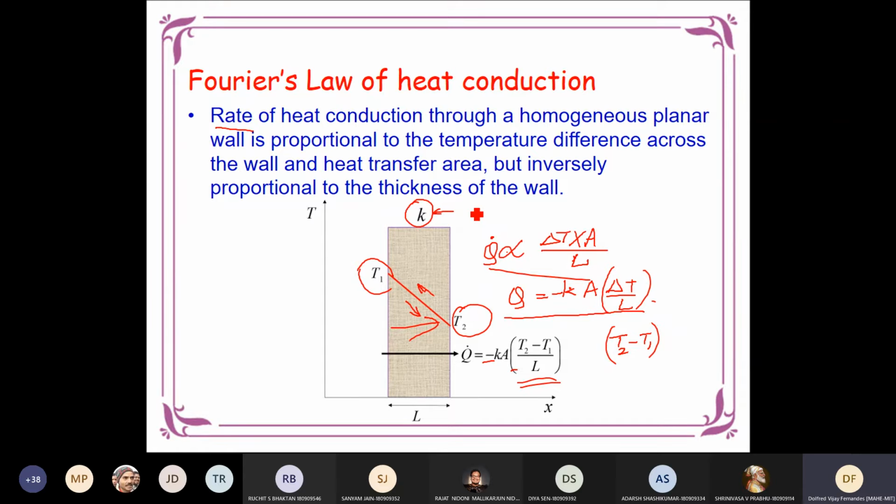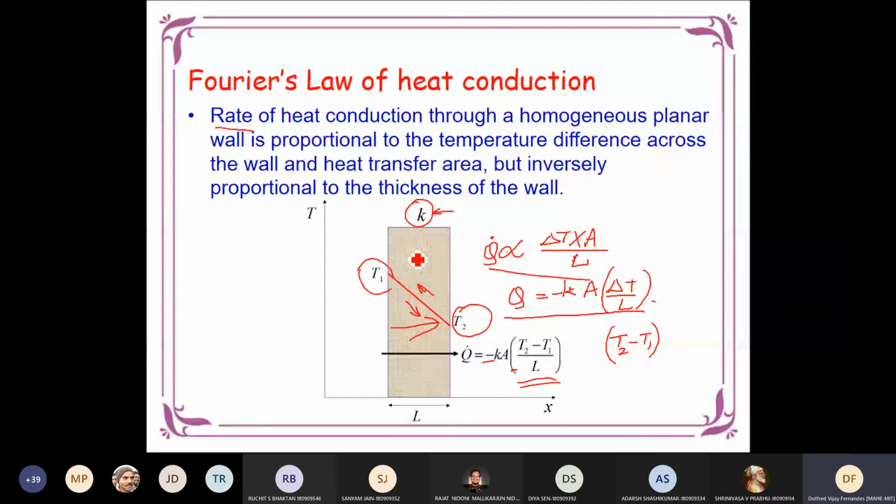When Fourier did the experiment, he took walls of different materials of the same thickness. He maintained the same temperature difference across them, and he found that some materials allow more heat transfer, some materials don't allow that much.